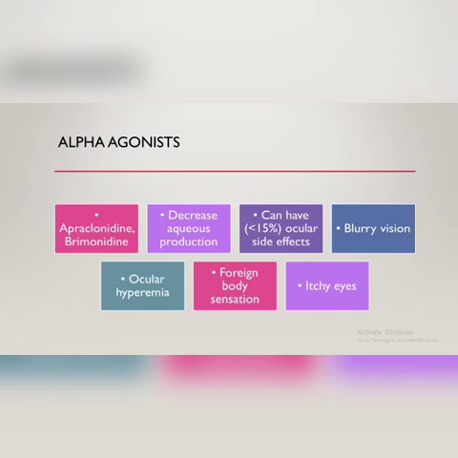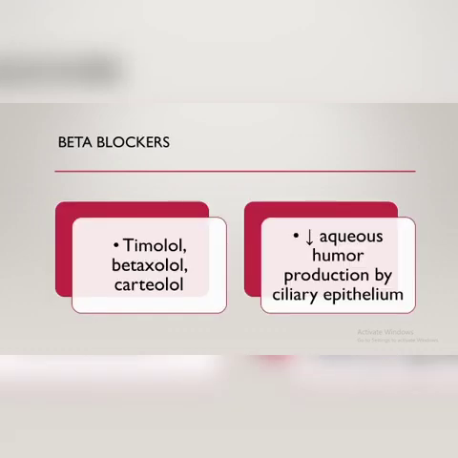Alpha agonists like apraclonidine and brimonidine decrease the production, but they have side effects in less than 50% of the population. Side effects like blurring, ocular hyperemia, foreign body sensation, and itchy eyes. Beta blockers, the names are timolol, betaxolol, carteolol. They decrease the aqueous production by the ciliary epithelium.